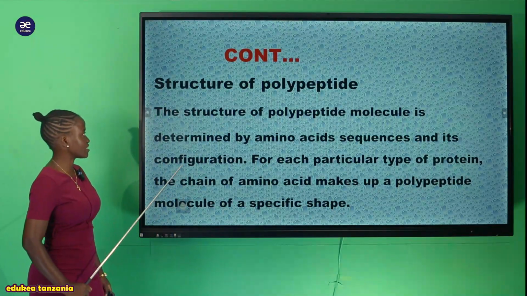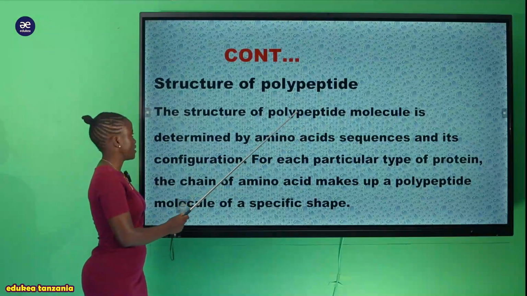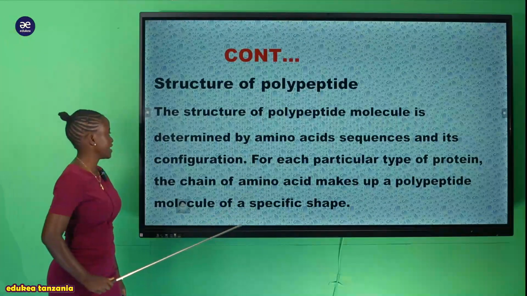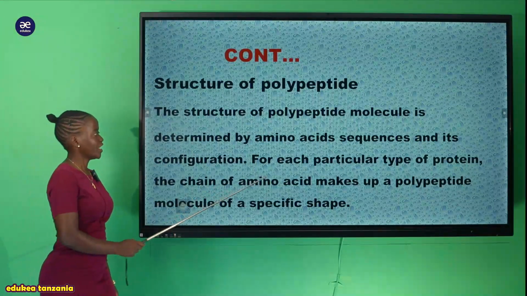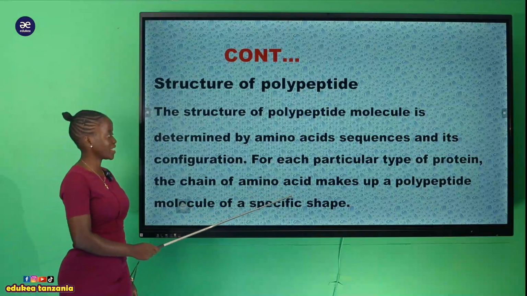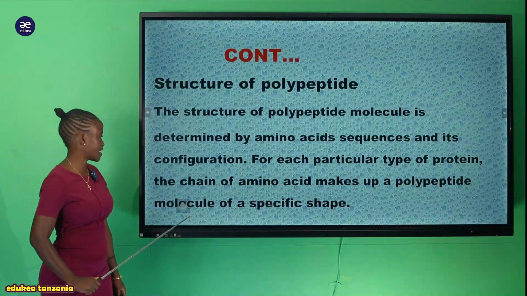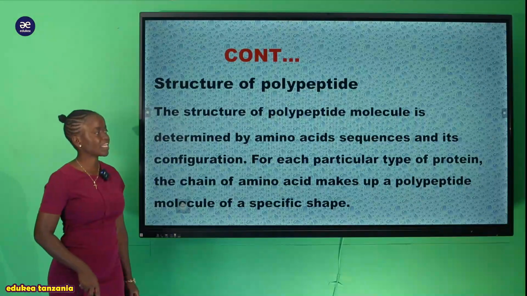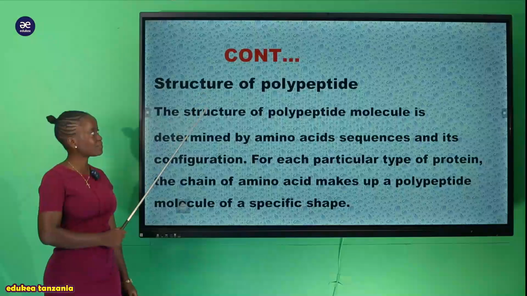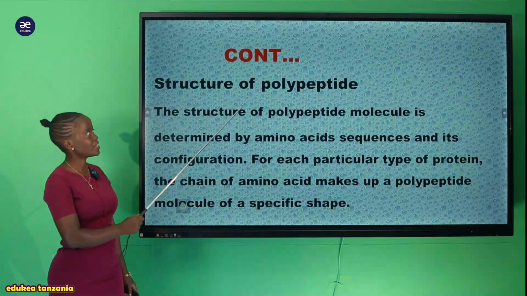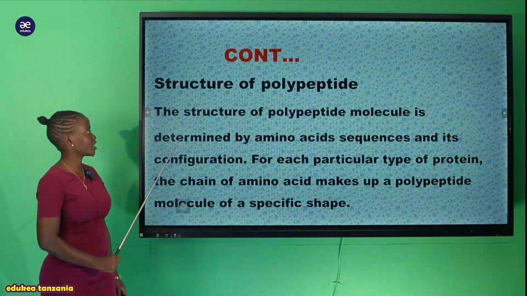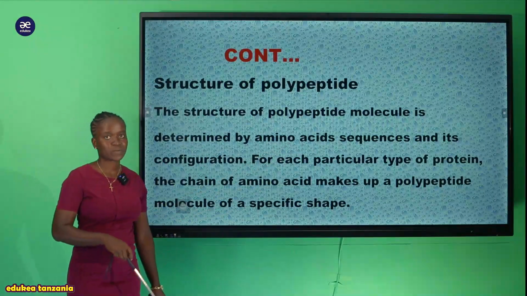So now you can see that the structure of the polypeptide molecule is determined by the amino acid sequence and its configuration. For each particular type of protein, the chain of amino acids makes up a polypeptide molecule of a specific shape. Kwa hiyo sasa unaweza ukaona ile polypeptide chain, tumesema kwamba ile structure of molecule, it is determined by amino acid sequence.